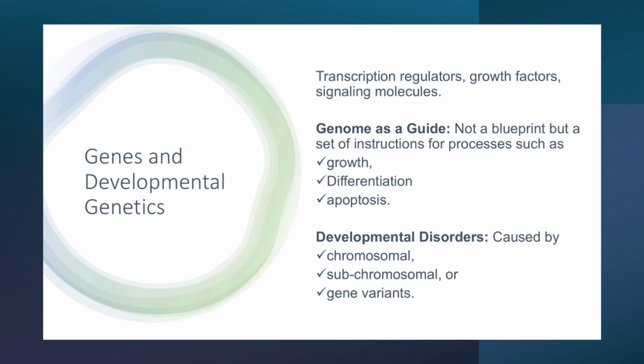Genes provide the instructions for development through various products like transcription regulators and growth factors. Unlike a detailed blueprint, the genome guides processes such as growth and differentiation, resulting in the mature structure of tissues and organs. Developmental disorders often arise from genetic variants that disrupt these pathways.